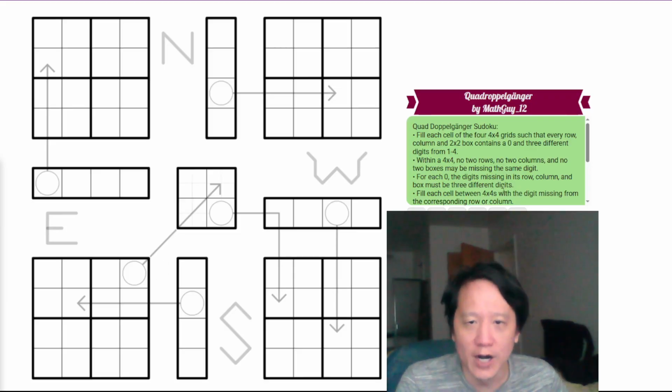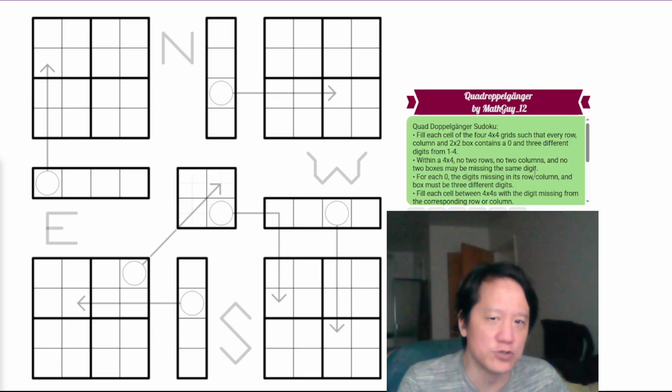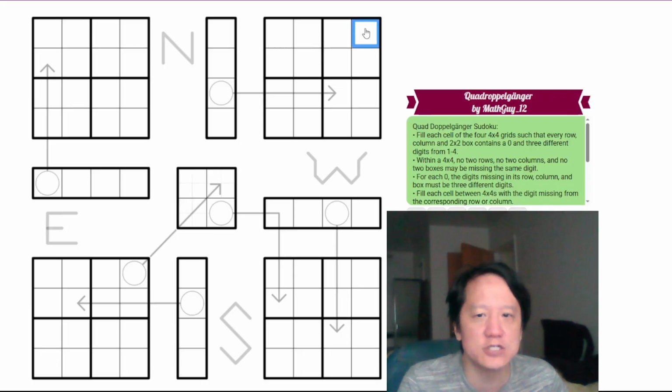We have quad doppelganger Sudoku, where we need to fill each cell of the four 4x4 grids such that every row, column, and 2x2 box contains a 0 and three different digits from 1 through 4.